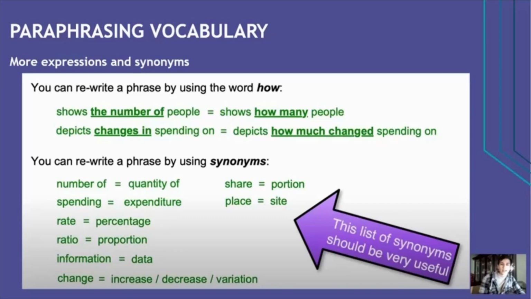Instead of the number of, we can use how many, or an amount of can be used as how much. The number of can also be quantity of, or spending, expenditure, rate, percentage, ratio, proportion, information, data, or change can be used like increase, decrease, or variation, share, portion, place, and sign.